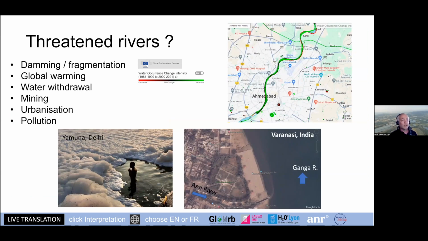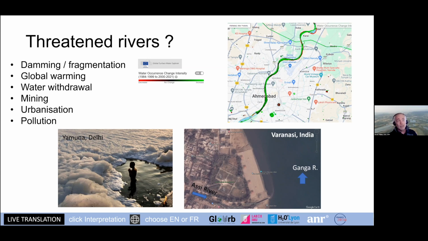And then, of course, we have urban growth, urban sprawl, and pollution associated with effluents. This is the Yamuna in Delhi, or the Ganges River in Varanasi in India. And there is also withdrawal of water.